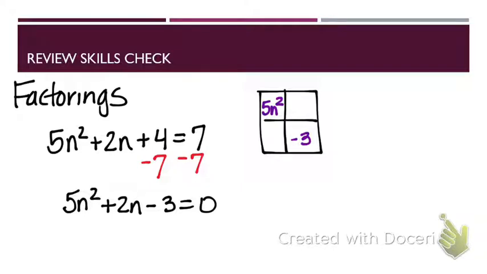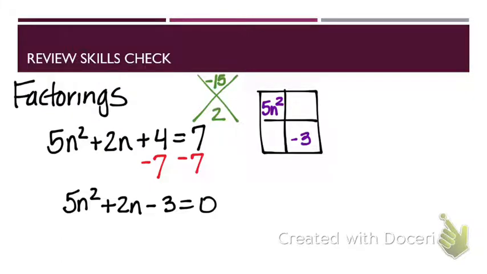So now you need to figure out what goes in the other 2 squares. In the other 2 squares, that would just be 2 numbers that multiply to A times C. So in this particular example, A is 5 and C is negative 3. So when you multiply those together, you should get a negative 15. And then your B term would go at the bottom.